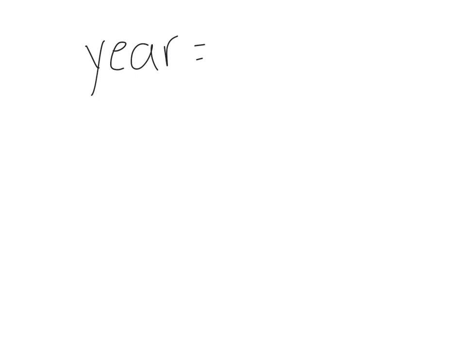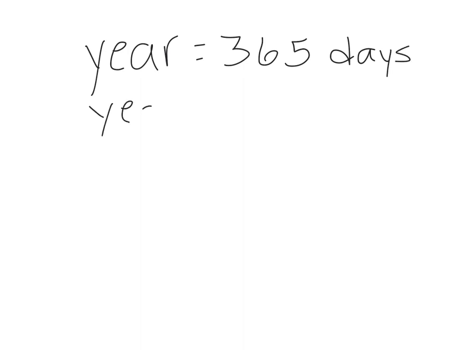Well, a year is equal to 365 days. A year is also equal to 52 weeks. That's the one we seem to forget often, is that 1 year is equal to 52 weeks or 365 days.